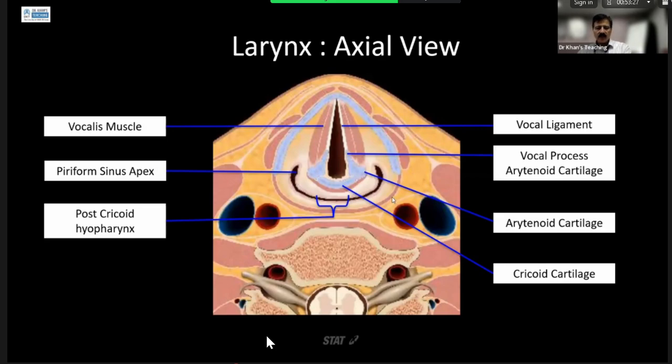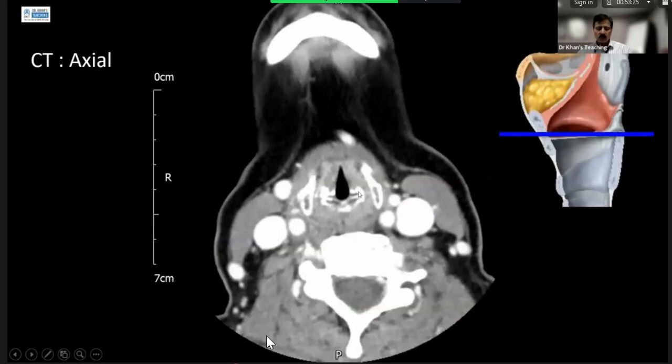So look at the CT. Now, this is what I was talking about. Two cartilages, one on top of other. And it makes sense. If you see here, this is the cricoid cartilage, this is the arytenoid. And at the true chord level, the slice goes through it. So part of the arytenoid and part of the cricoid will be seen. Whenever you see two cartilages, you should immediately know that you are at the true chord level.